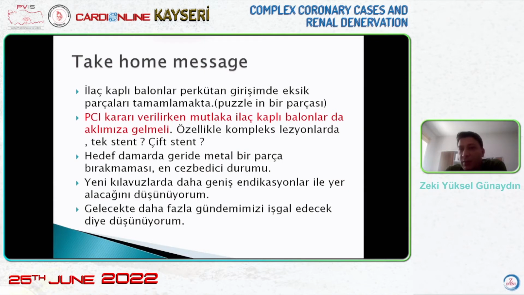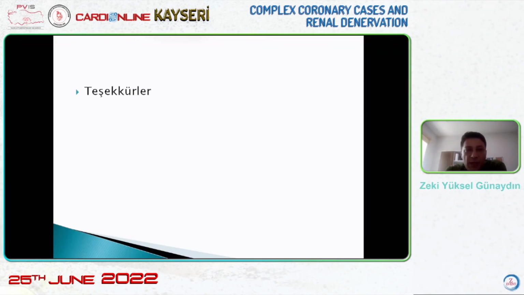While deciding on PCI, the drug-coated balloon must be taken into consideration, especially for complex lesions, for single or double stents. In the target vessels, there is no residual implant, which is the most attractive feature, and in the future it will be on our agenda. Thank you.